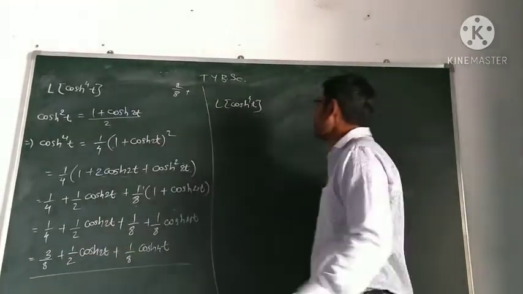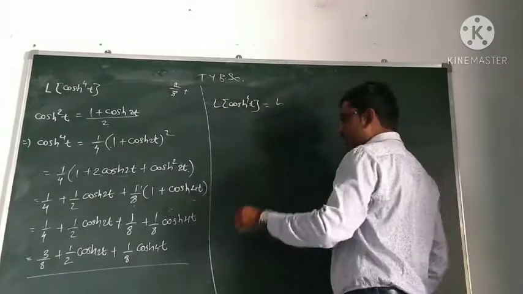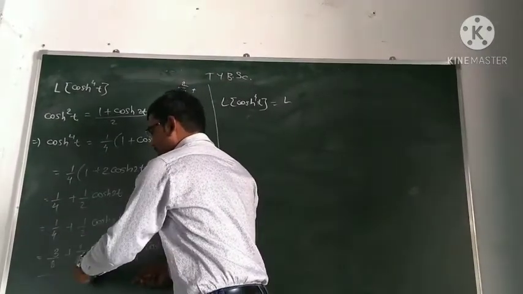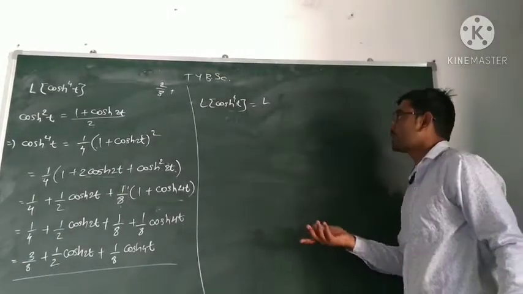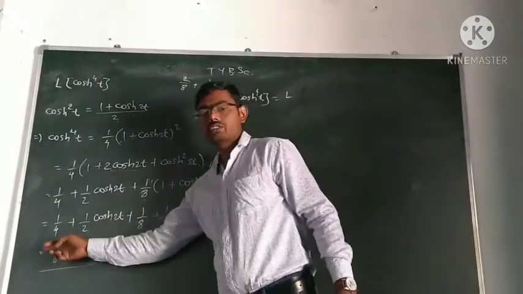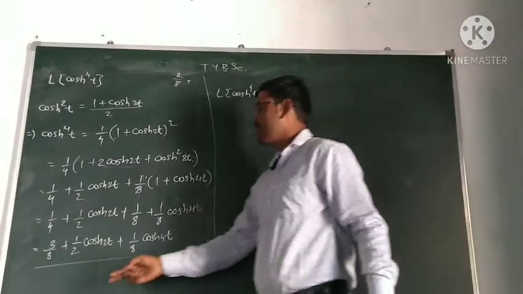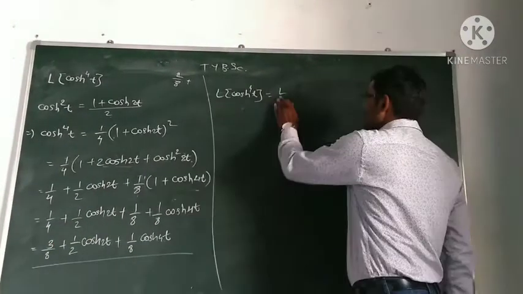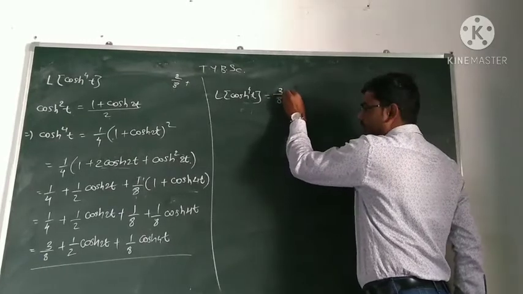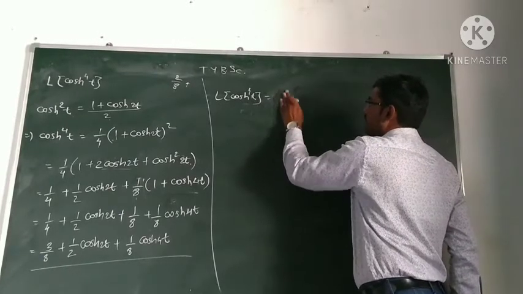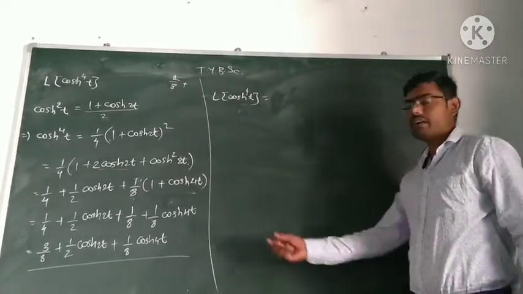So this is equal to the Laplace transform of this whole term, but the Laplace transform of an addition is equal to the addition of the Laplace transforms. Now 3 by 8 is a constant, so the Laplace transform of 3 by 8 is 3 by 8 into the Laplace transform of 1. For the sake of understanding, I will write one more step.